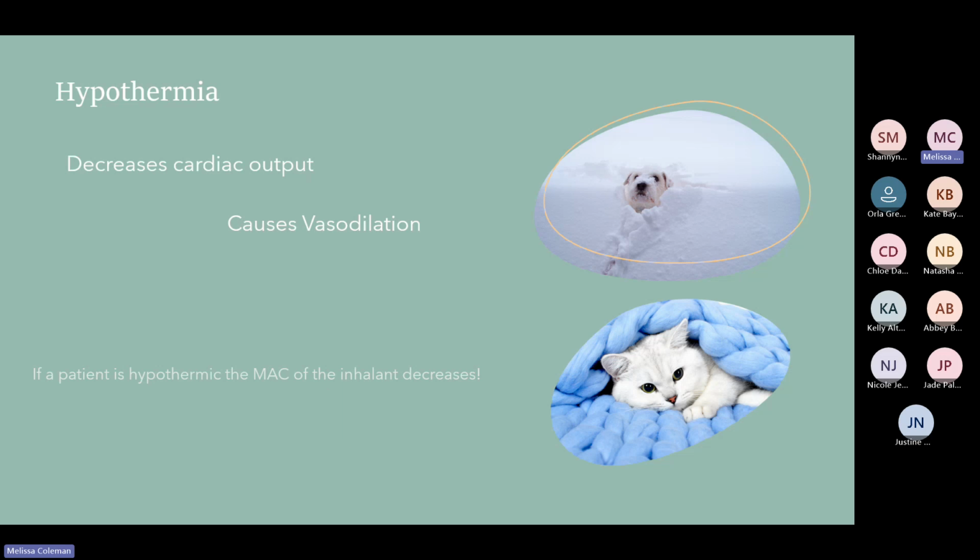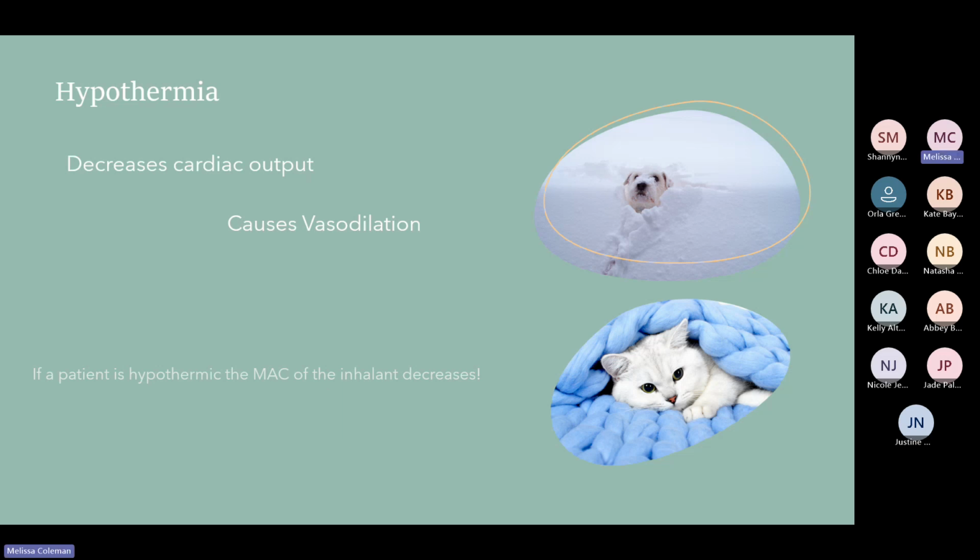So if you have a patient that has a temperature of 36, your cat's MAC goes from 1.6 to 1.4, and your dog goes from 1.3 to 1.1. So it is quite a dramatic drop. Just have it in the back of your mind that if your patient's cold, their requirements for the drugs get lower.